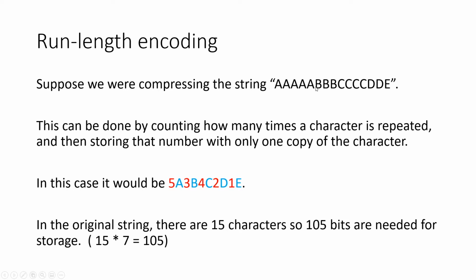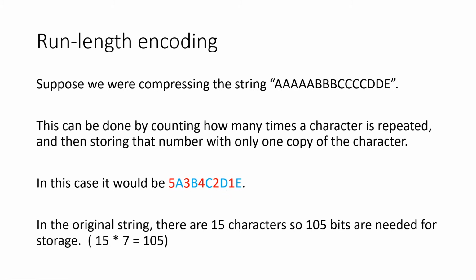So there are 5 A's followed by 3 B's followed by 4 C's followed by 2 D's followed by 1 E. And there you go, there's your frequency, 5, followed by the value, A, and so on. If we needed to recreate that, we could just write it back out again: 5 A's, 3 B's, 4 C's, 2 D's, 1 E.